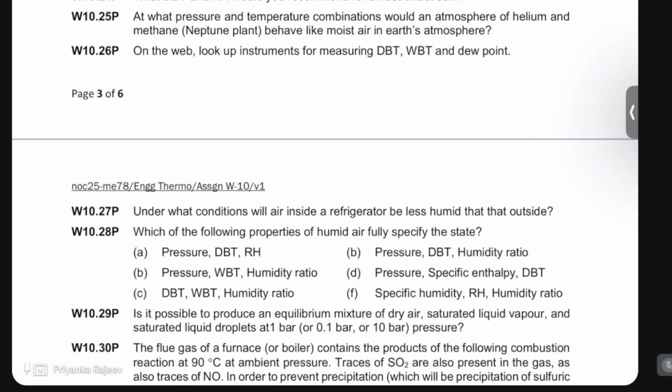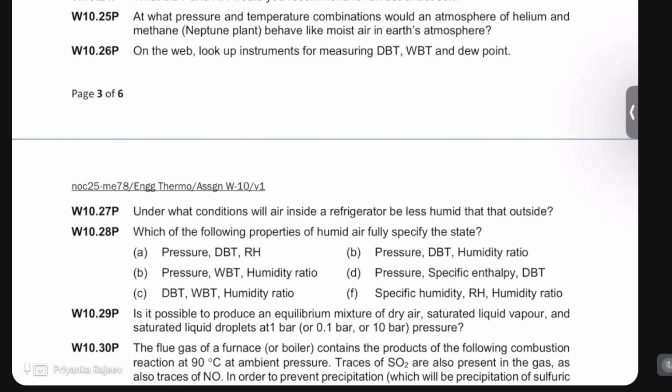So at a certain pressure and temperature where methane can condense, it is going to act like water. Just like water acts as the moisture content in the air, methane is going to condense and act like the moisture addition to the atmosphere in Neptune at the pressure and temperature where methane is going to condense.